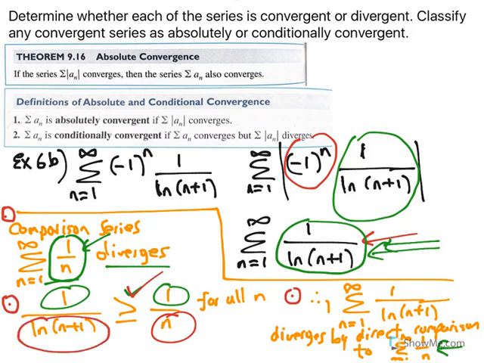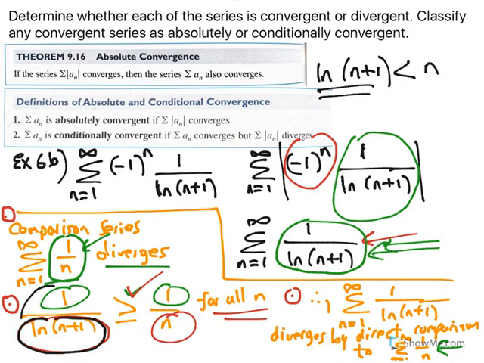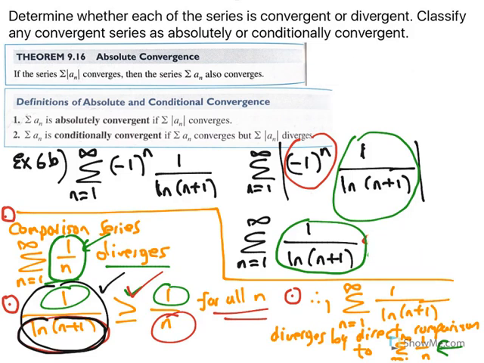And it can be shown that for all n greater than or equal to 1, natural log of n plus 1 is less than n. And because of that, the denominator here is smaller, so the fraction is larger. So at this point, we've shown that the corresponding absolute value series diverges.